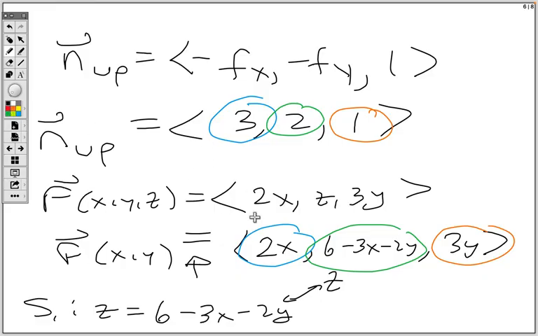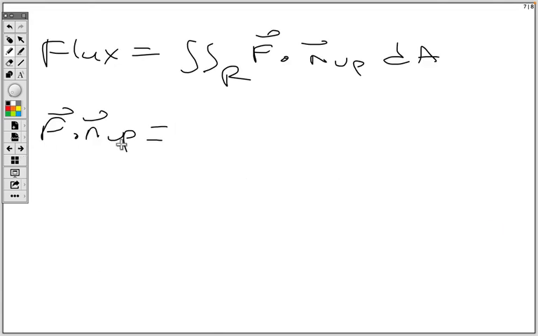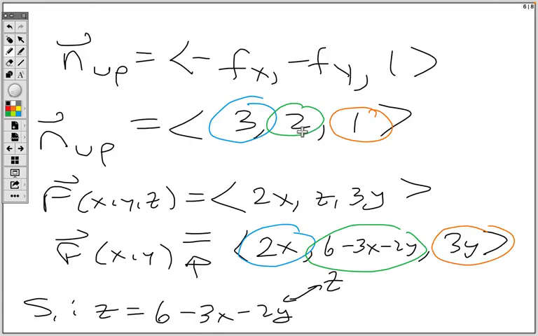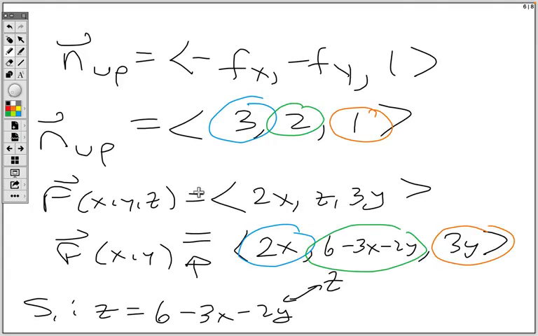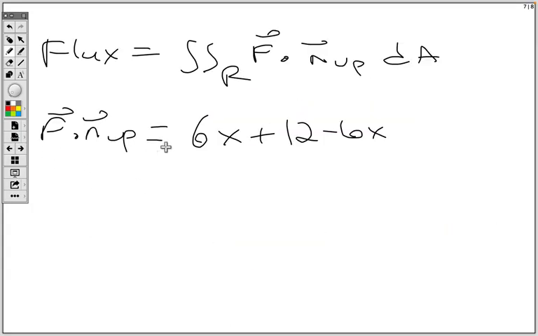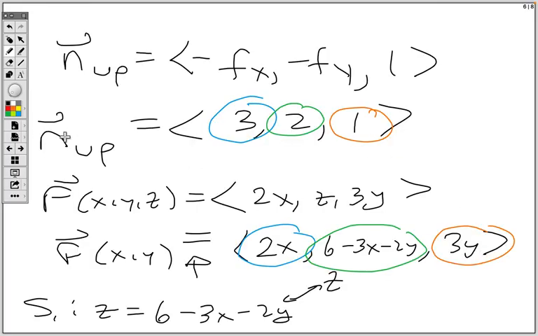Add them up. So I got the 2x times the 3, which is the 6x, plus I've got all of this times 2. So that's going to be 12 minus 6x minus 4y. And then I've got the plus 3y. There we go.